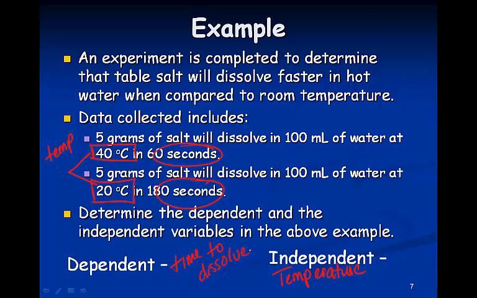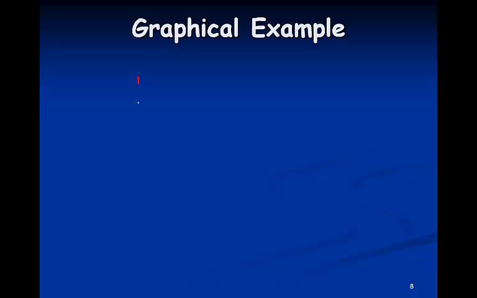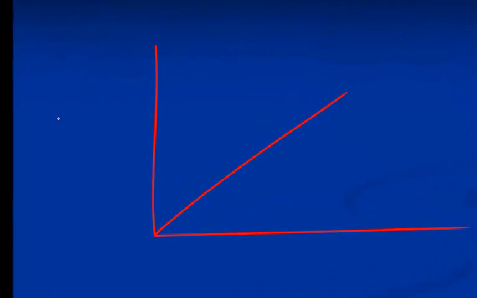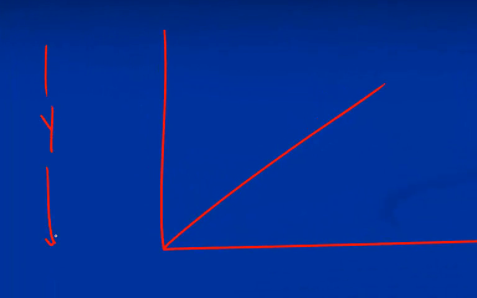So if we were going to graph this data, we have our 2 axes and we'd have our line. Our y-axis is where we put our dependent variable. Our x-axis is where we put our independent variable.